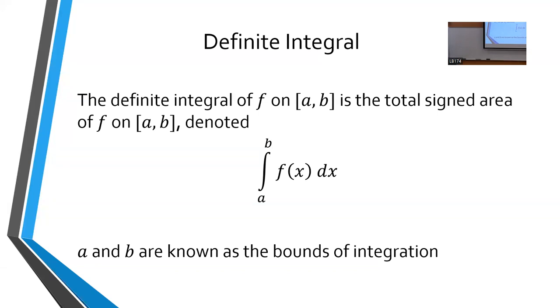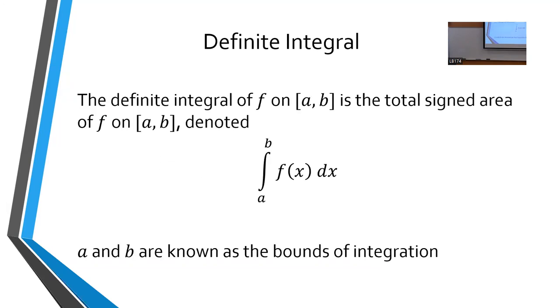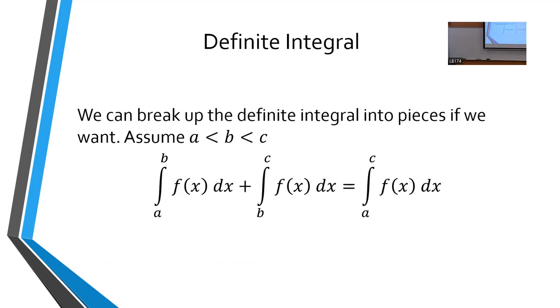And the nice thing about it, well, there's a bunch of stuff that's nice. One nice thing about this is if you want to break your function up into pieces, you can break it up into pieces.